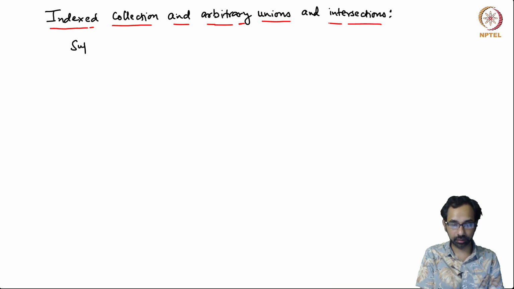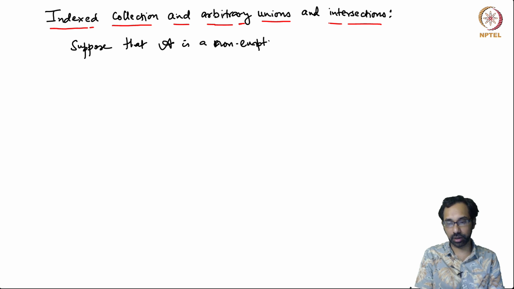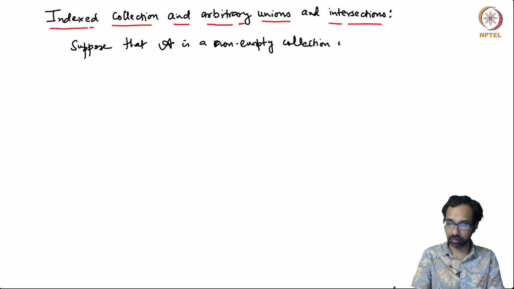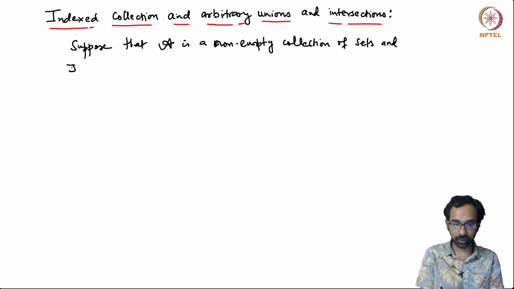Suppose that A is a non-empty collection of sets, and J be another set.